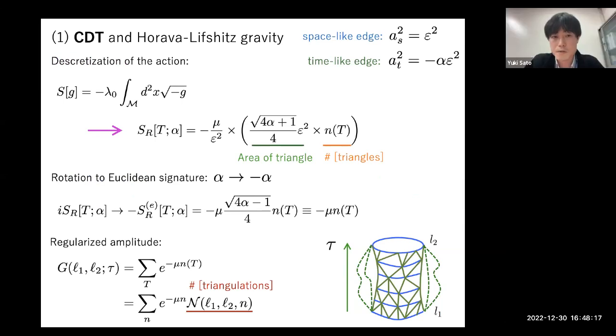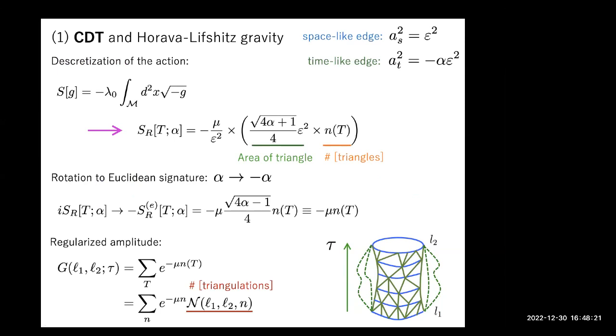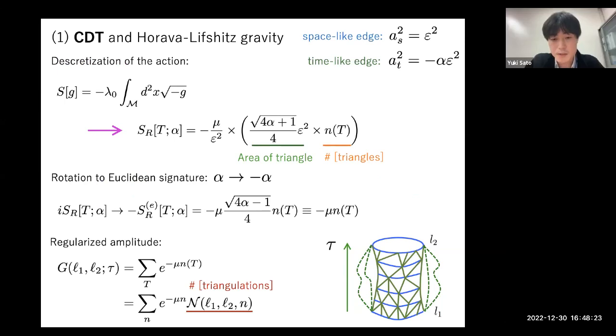Yes, it is a constant. I just fixed the topology. If you fix the topology, the Einstein-Hilbert term becomes a constant, so I just ignore it. I see. Okay, thank you.